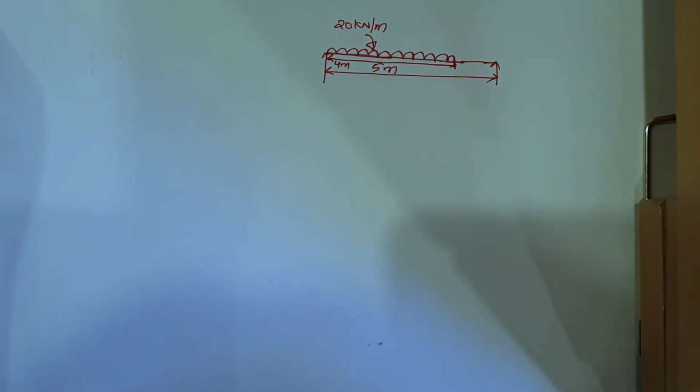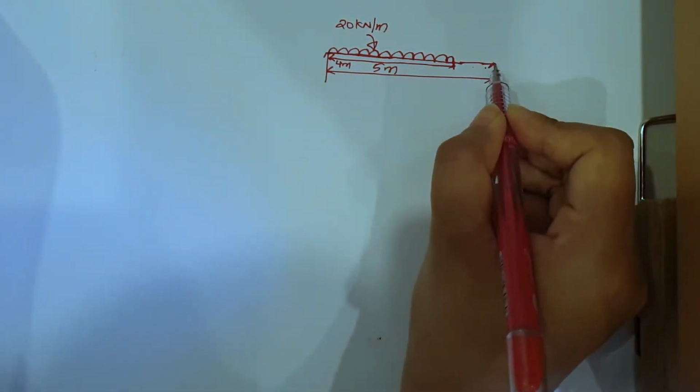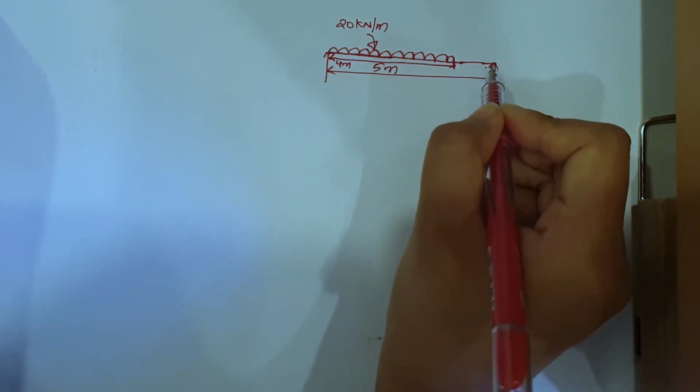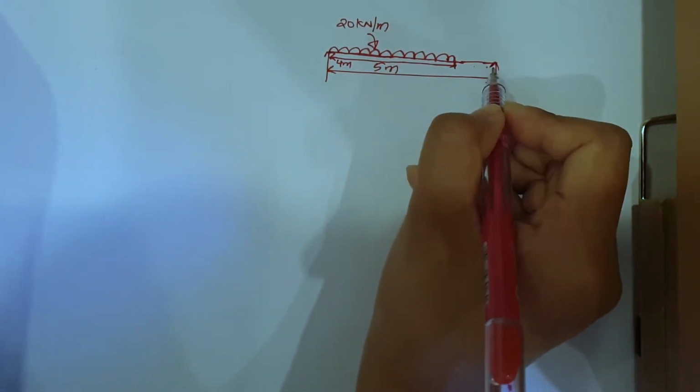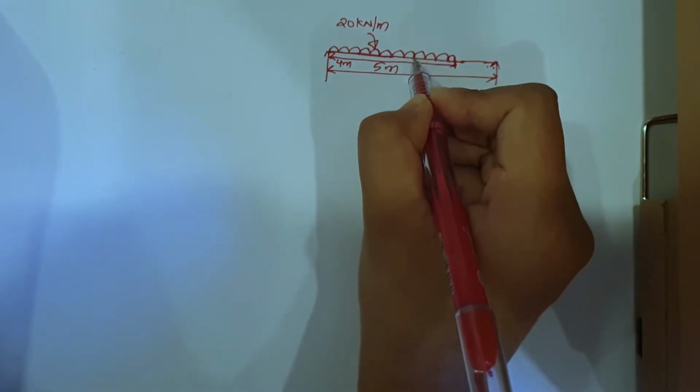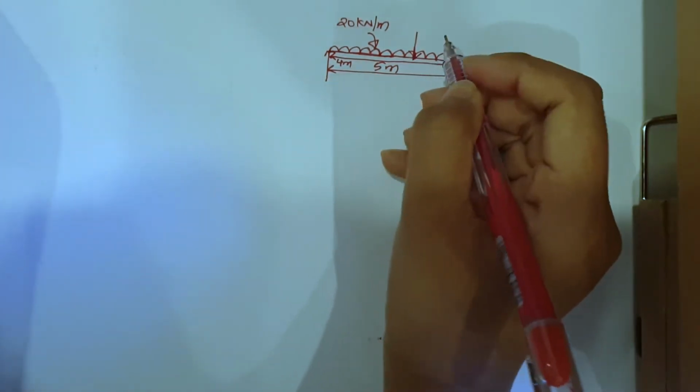So next we have a point load of 50 kN from the right hand support, at a distance of 2 meters. So if from here to here I have 1 meter, then 2 meter is around here.